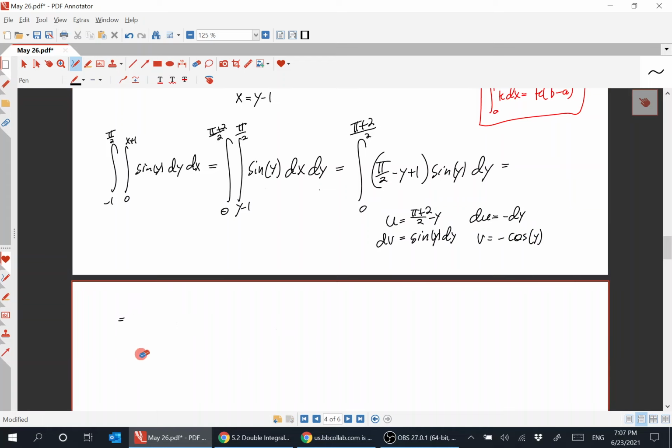So the integral is u times v, so it's y minus pi plus 2 over 2 times positive cosine y, distributing the minus sign through, since minus pi plus 2 over 2 minus y just reverses that, evaluated from 0 to pi plus 2 over 2, minus the integral of v du.